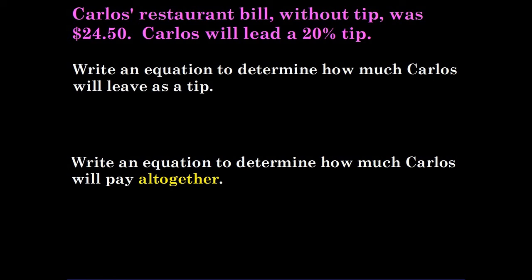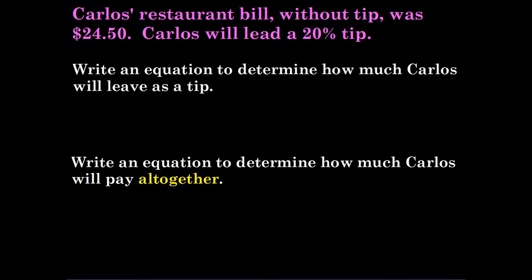Okay, so these are actually previous test questions, so they should look a little familiar to you. So this one is: Carlos' restaurant bill without tip was $24.50. Carlos will leave a 20% tip. Yes, I see the typo. We're just going to ignore it for now.